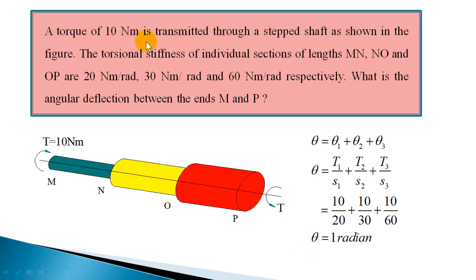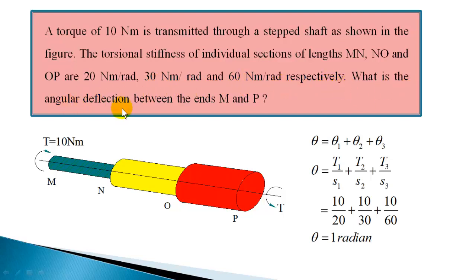A torque of 10 Newton meter is transmitted through a stepped shaft as shown in the figure. The torsional stiffness of individual sections of length MN, NO and OP are 20 Newton meter per radian, 30 Newton meter per radian and 60 Newton meter per radian respectively.